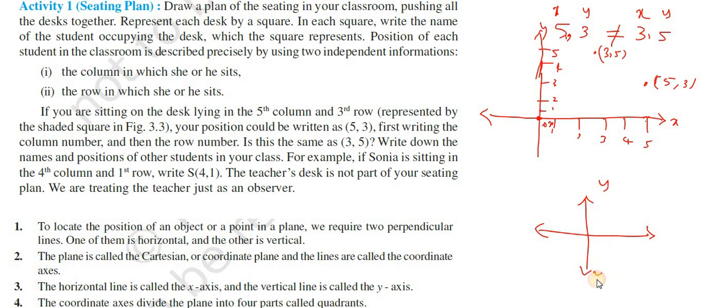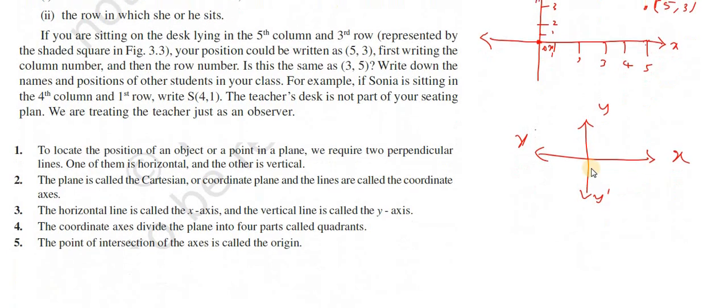This is y dash, x dash. The plane is called the Cartesian or coordinate plane, and the lines are called the coordinate axes. The horizontal line is called the x-axis, and the vertical line is called the y-axis.